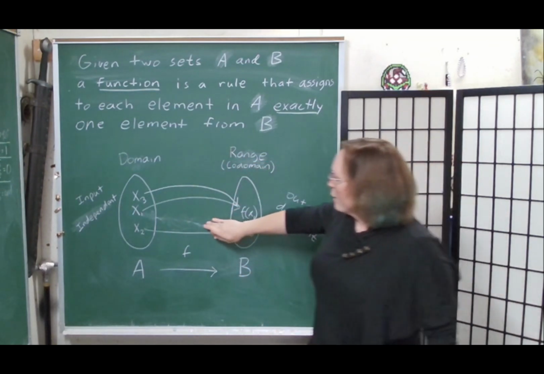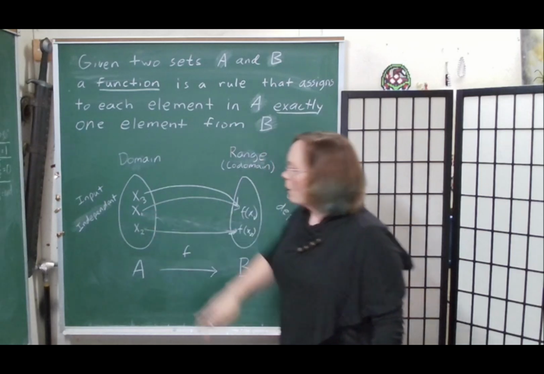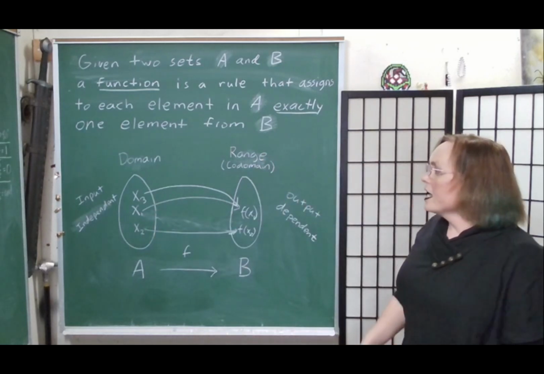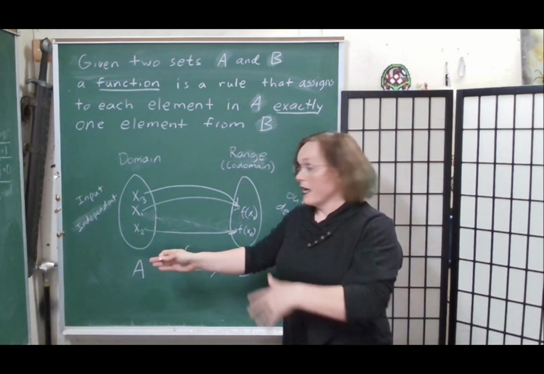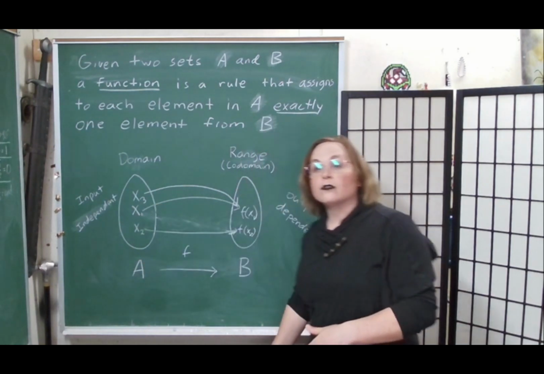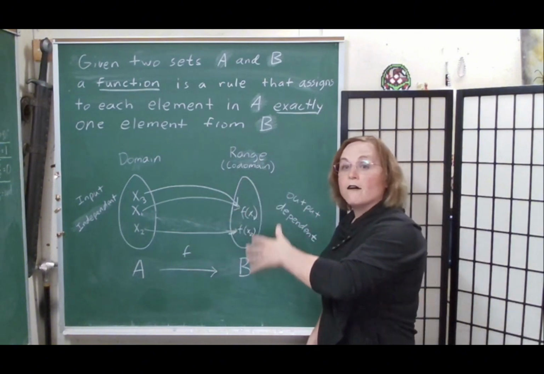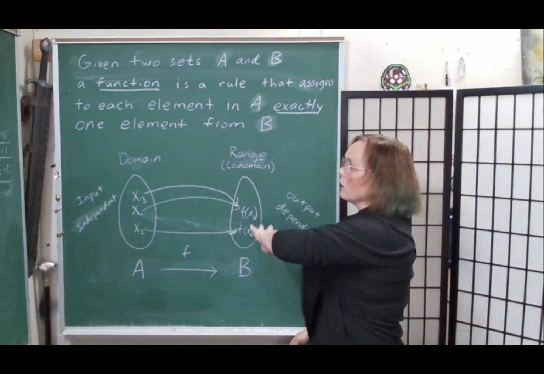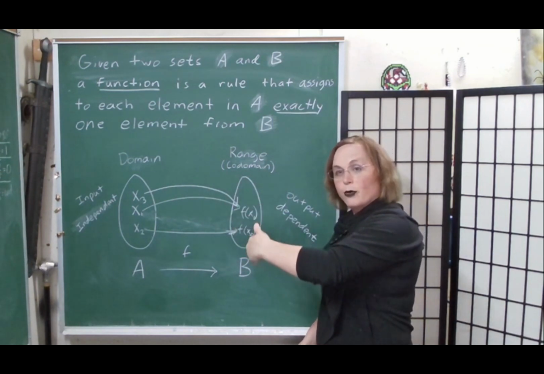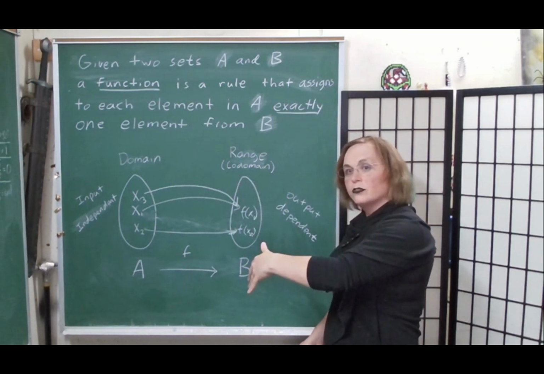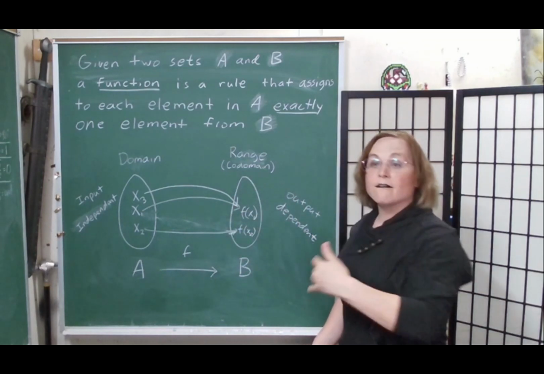So a couple of other things to note about this, vocabulary-wise, things you're going to hear a bunch, is that set A, our input set, is also called the domain of the function. So all of the things that we go into the function, our inputs, our independent variables, those things are the domain of the function.